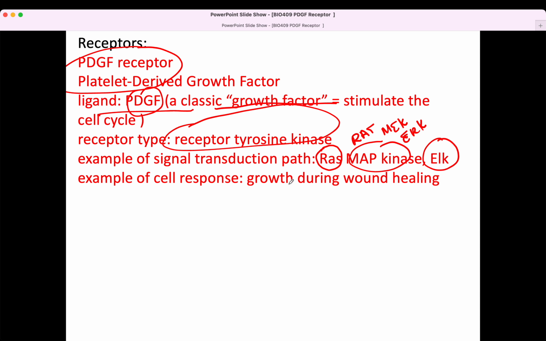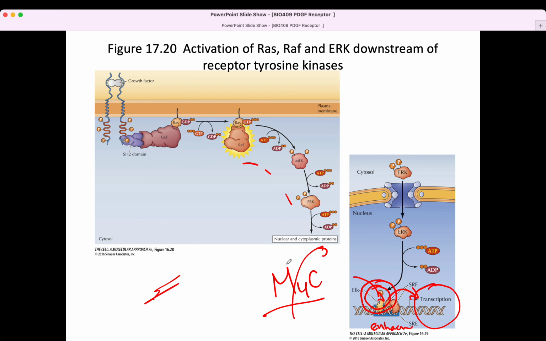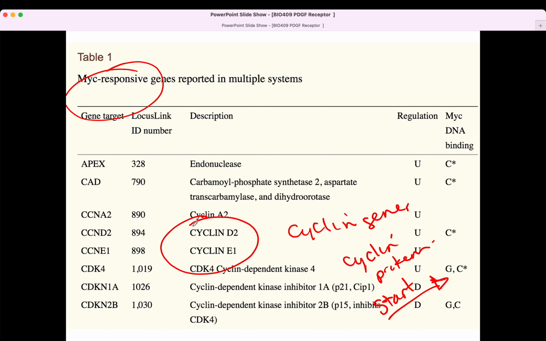Then we have the example of ELK, transcription factor, activating gene expression. So the cellular response is going to include activating gene expression of MYC that turns around and activates cyclin and other target genes. Great.